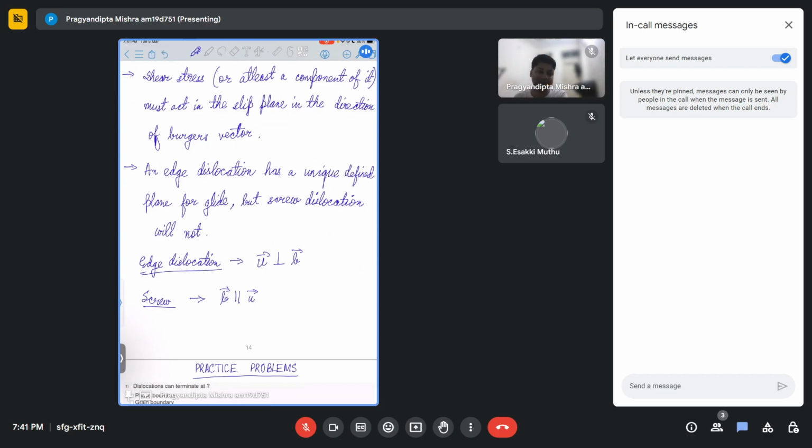You need to see if there are other constraints that will also influence in which direction the glide will happen. There are two directions in which glide can happen, so depending on some other constraints, you can see whether it will happen along one direction or the other. With that, we'll come to the end of the concepts for today. Let's move on to the problems.